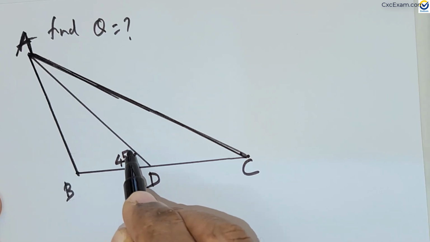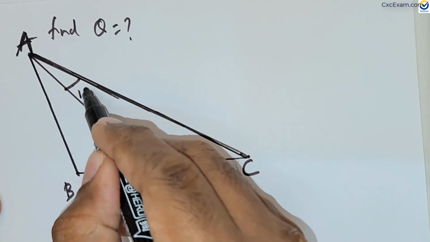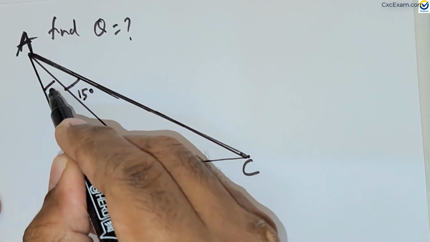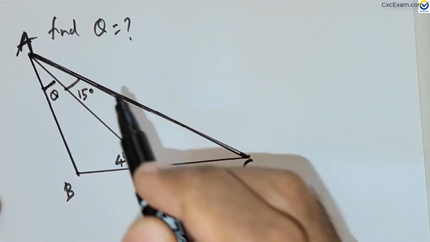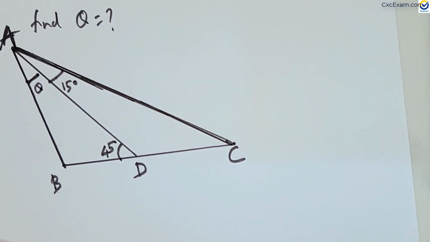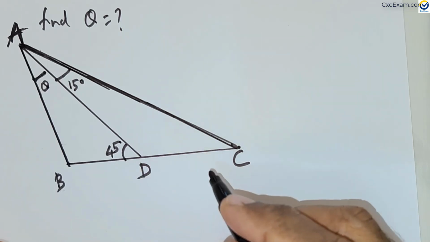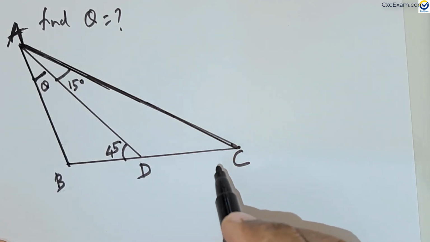This angle is 45 degrees and this angle is given to be 15 degrees. We are expected to find this angle theta. You can pause the video and try to solve this question. I hope you have got the answer, so let's do it.